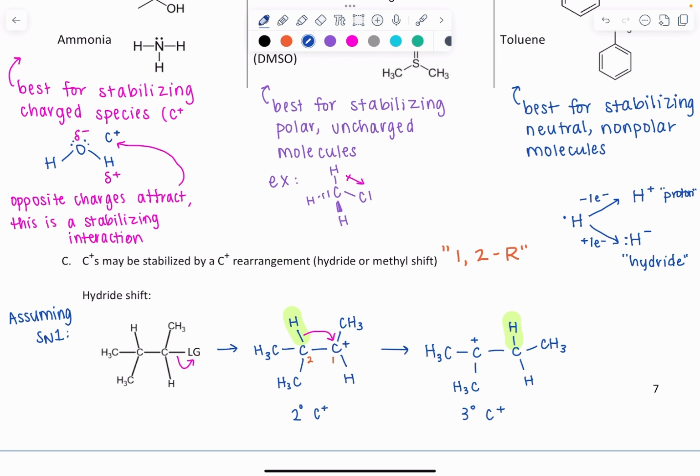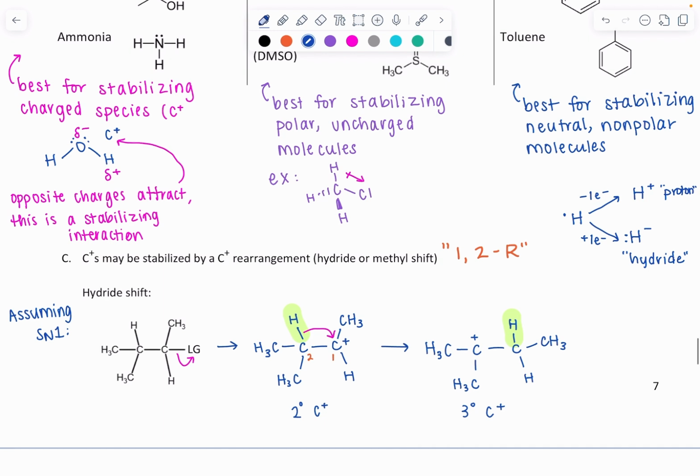Going back to when we talked about stability of carbocations, this is more stable. So this molecule, after generating the secondary carbocation, would go through this hydride shift so that a more stable carbocation can form.